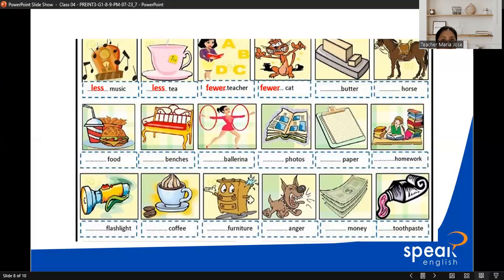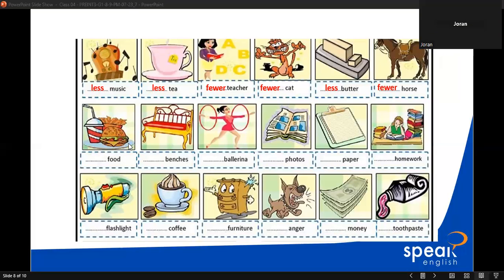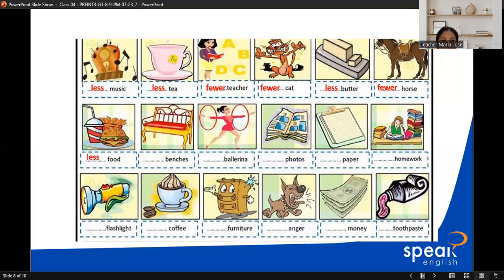Francisco, butter. Less. Gabriela, horse. Fewer. Excellent. Food, Joran. Less. Excellent.